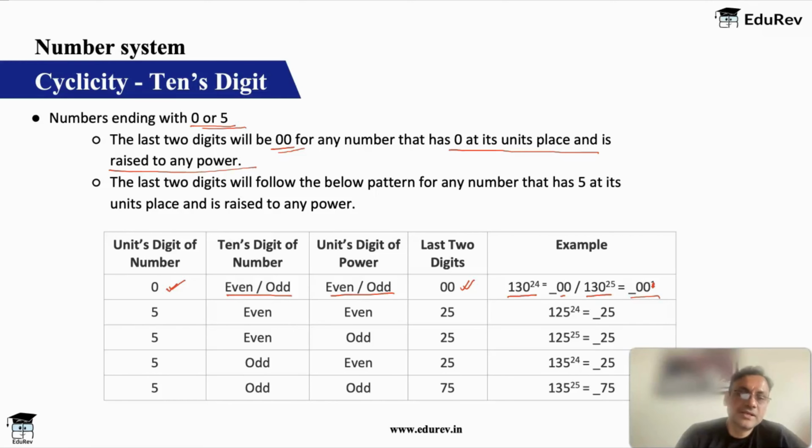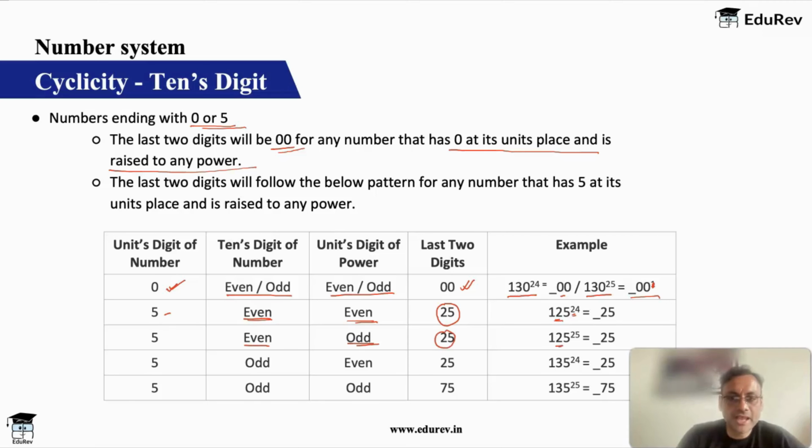Then comes the case of 5. In case the last digit is 5, there is a pattern, and this you need to remember. If the last digit is 5, the tens digit is even and the power is also even, for example 125 raised to the power 24, the last two digits would be 25. When the tens digit is even and the power is odd, then also the last two digits are 25.